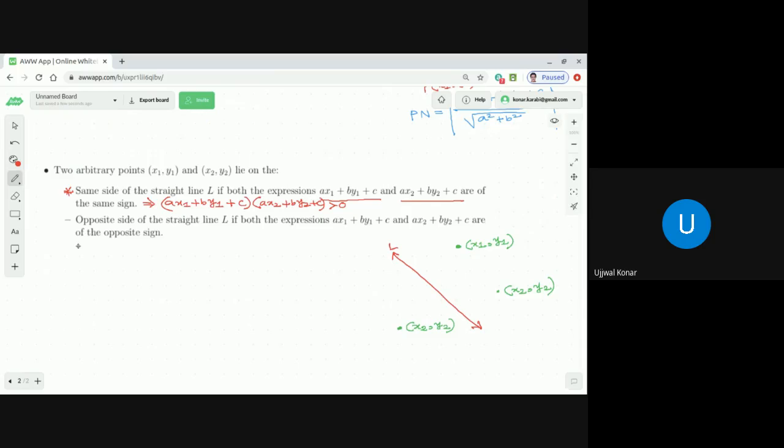And they will be on opposite sides of the straight line L if the expressions ax1 plus by1 plus c and ax2 plus by2 plus c are of opposite sign.